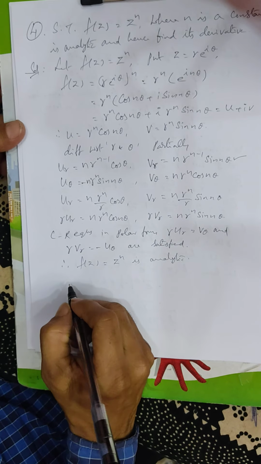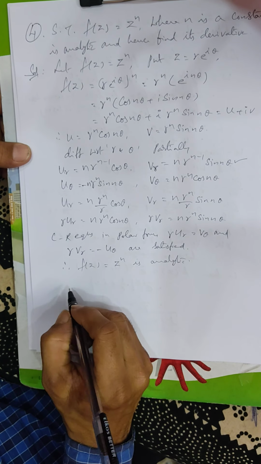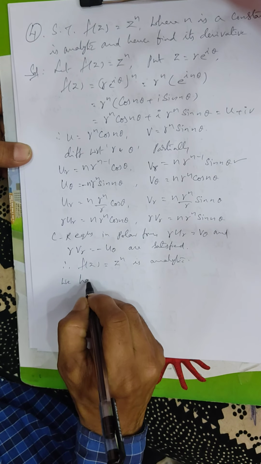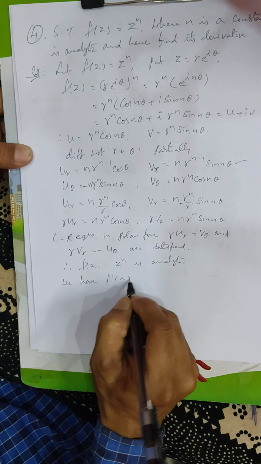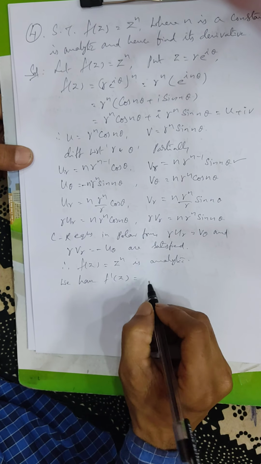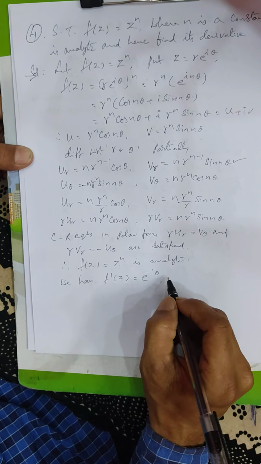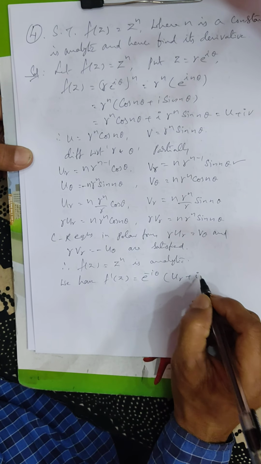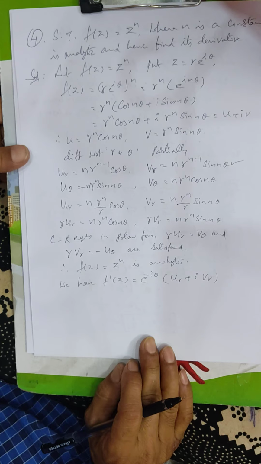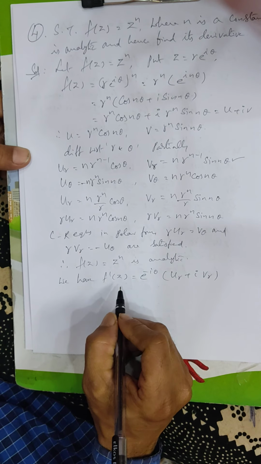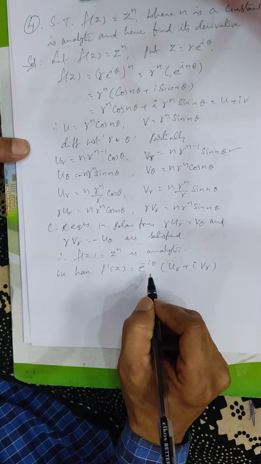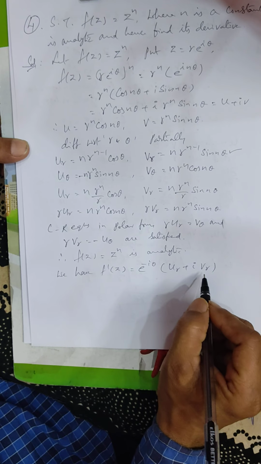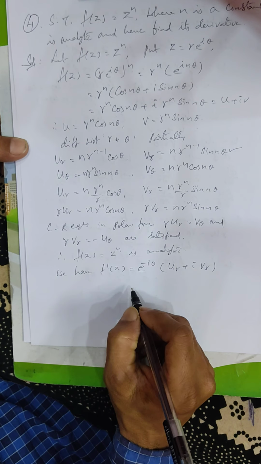So now to find its derivative, we have f dash of z is equal to e power minus i theta into dou u by dou r plus i dou v by dou r.